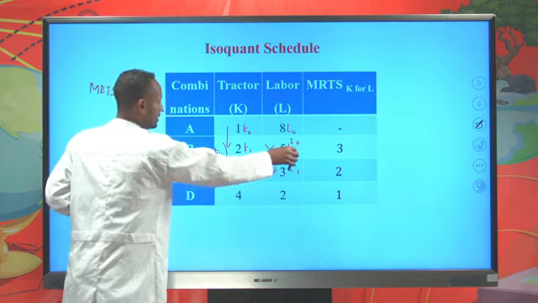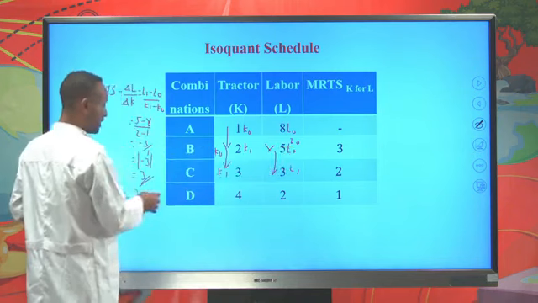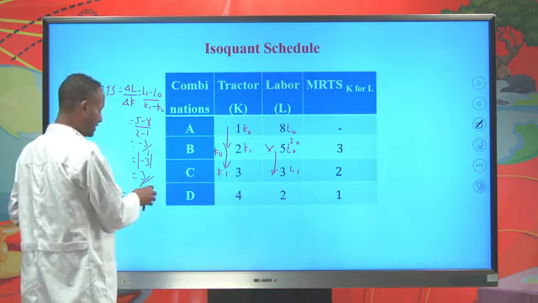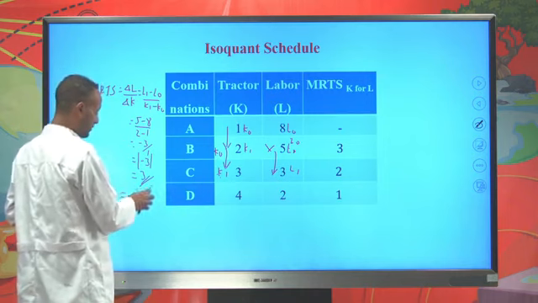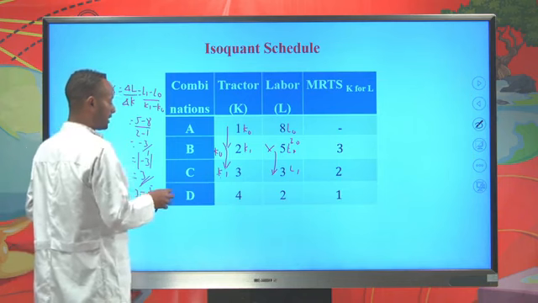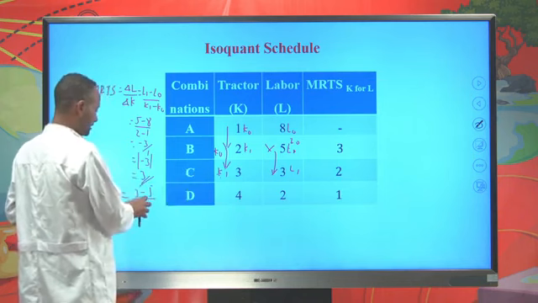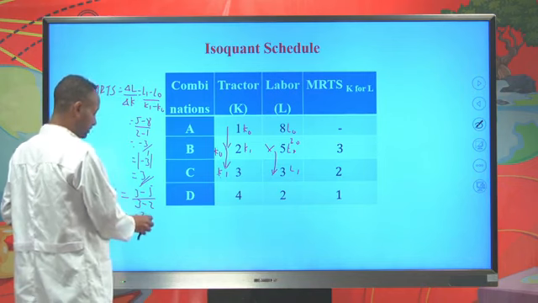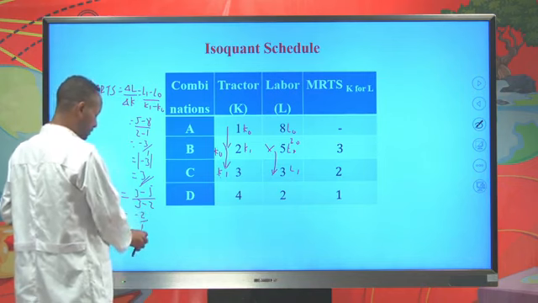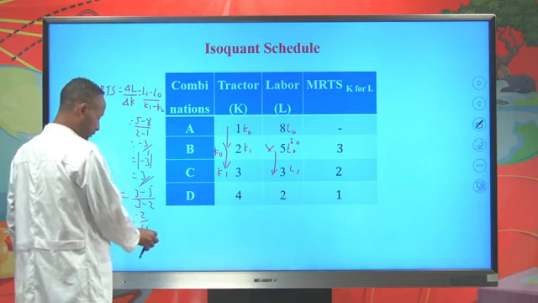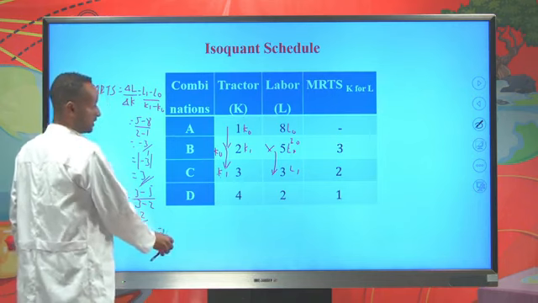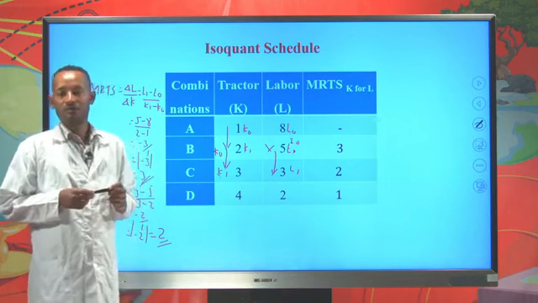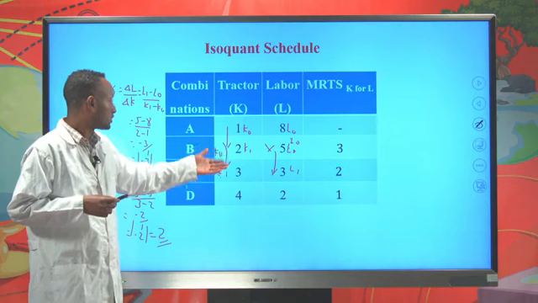And then when we substitute this information on the formula, we get the value of labor final is 3 minus labor initial is 5 divided by capital final is 3 minus capital initial is 2, and then 3 minus 5 is minus 2 divided by 1, and this is minus 2, and when we put it out of absolute value, we are left with 2.